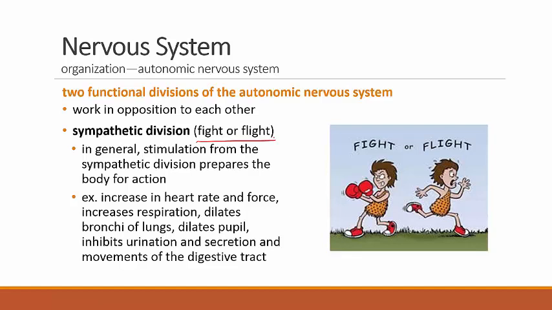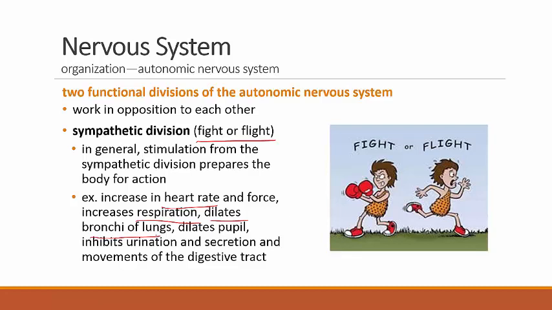So when sympathetic fibers of the autonomic nervous system are stimulated, we generally see things that are going to prepare the body for action. So an increase in heart rate and force, more rapid respiration, dilation of the passageways, the bronchi of the lungs, so that we can get more oxygen into the lungs, pupil dilation, so that we can gather more visual information.